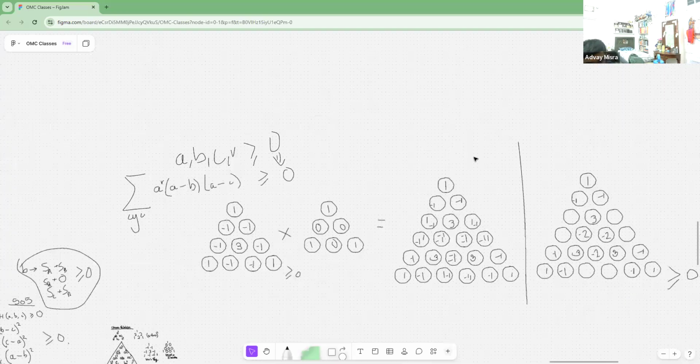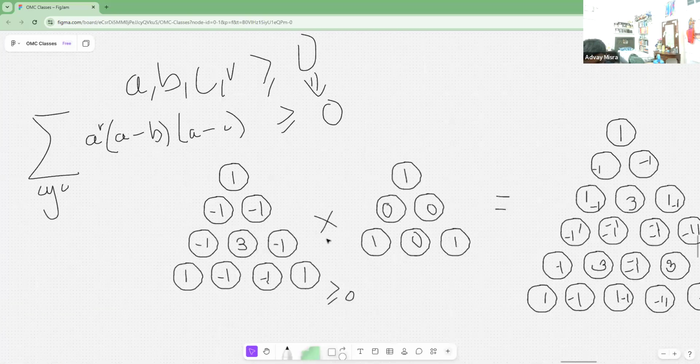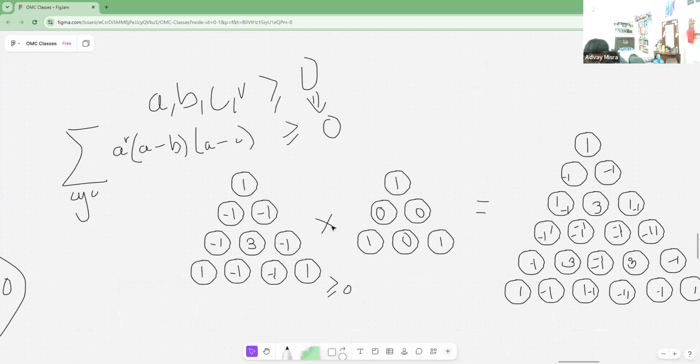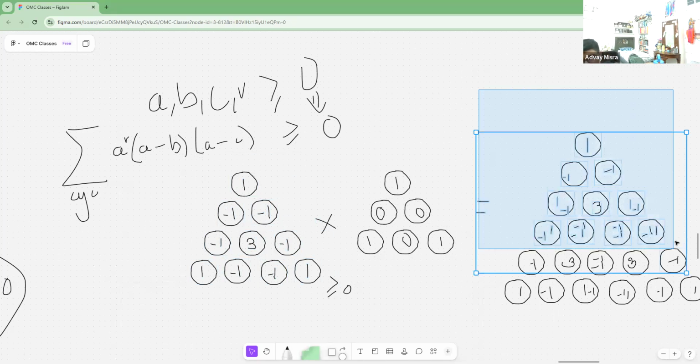So let's say we're doing this multiplication. What we do is we identify this part of our first multiplicand, the first term, with this.